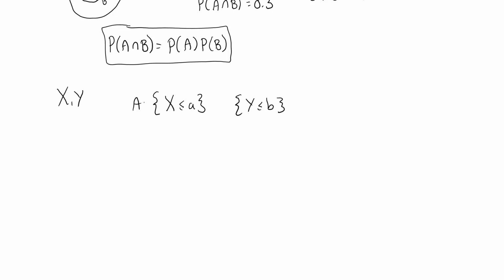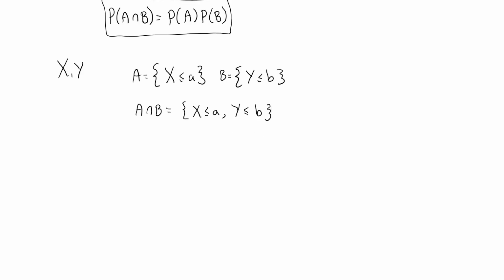Let's call this event A, and this is the event B. The events A and B depend on which numbers I use for lowercase a and b. The intersection of A and B is then the event that X is less than or equal to a and Y is less than or equal to b.